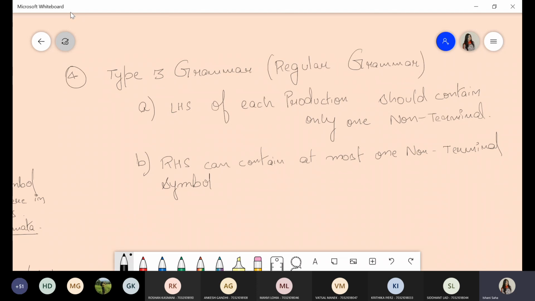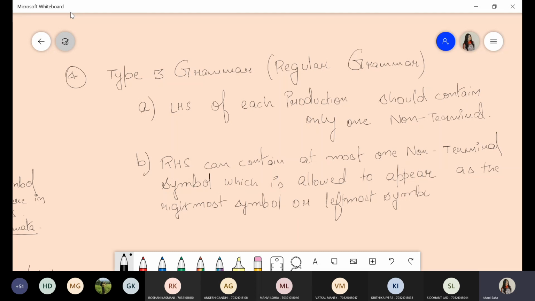That means there could be no non-terminal symbol, but if there is one, it has to be just one non-terminal symbol, which is allowed to appear as the rightmost symbol or the leftmost symbol.